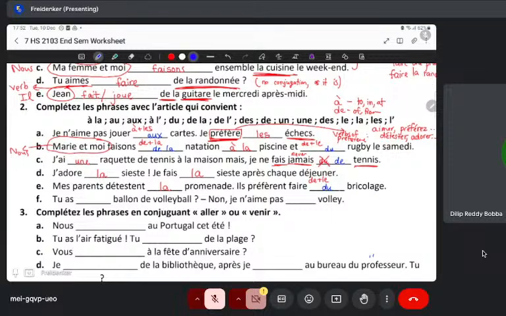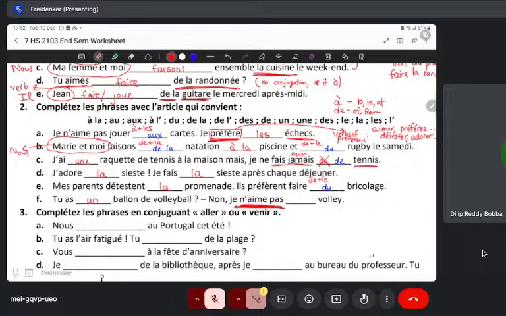Okay, you have dash ballon the volleyball. So what is the question? Do you have a volleyball? This is masculine, so you have to write un. Do you have a ball of volleyball? So do you have a volleyball? No, je n'aime pas. Okay, verb of preference.